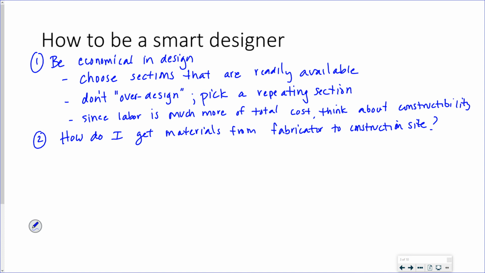Is there an easy way? Maybe the nearby steel mill doesn't make the size you want and the closest one is like 1,000 miles away. Well, maybe you should rethink which section you're going to use, because you're going to add all that transportation cost getting the ideal one when it would be just the same as getting the one from the steel mill down the street. So those are all cost things.